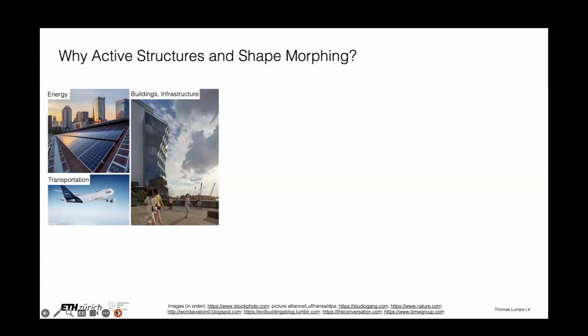And so active structures are used many places in society that we've seen. For example, being able to change the position of solar panels, or we all know the different moving parts and flaps that move in airplanes, or even on building facades, for example, for alternating the shading and the lighting in a building.